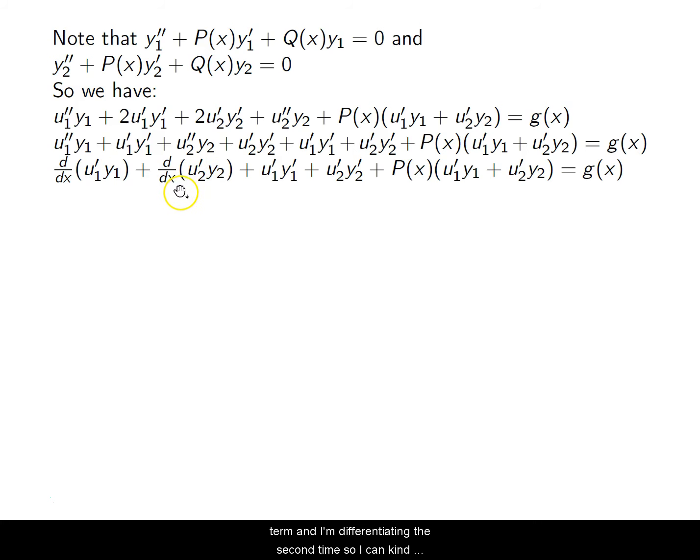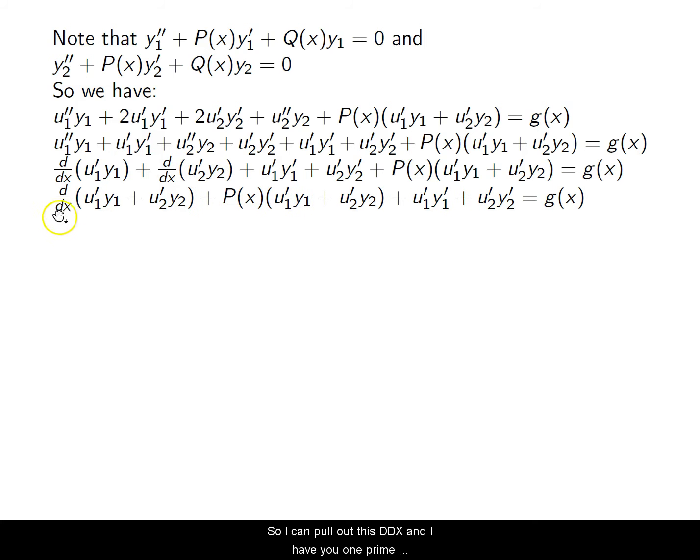So I can kind of factor out this derivative. So again, I'm not doing an integral per se, but I'm using the equality properties of differentiation in order to kind of get myself to a result. Okay, so I can pull out this d dx and I have u1 prime y1 plus this thing here.